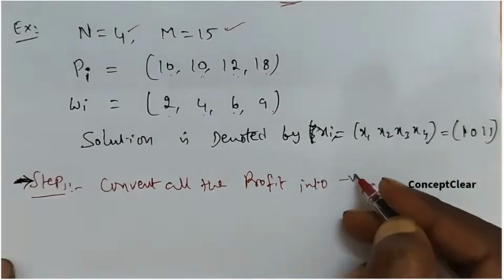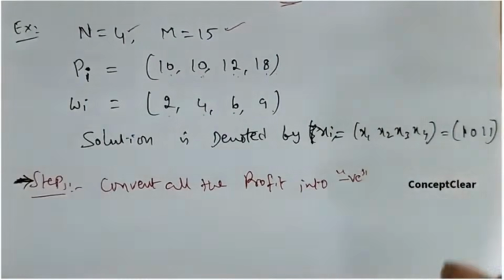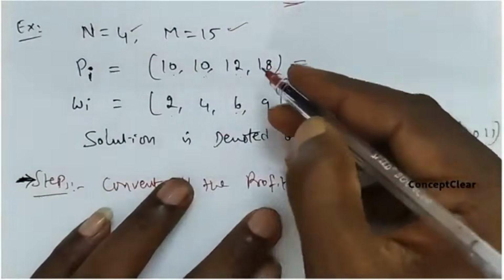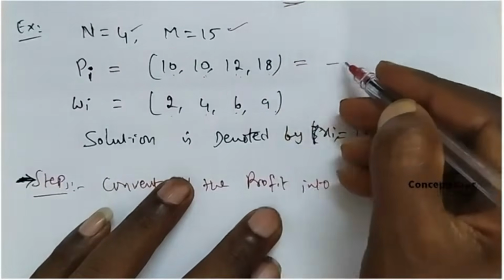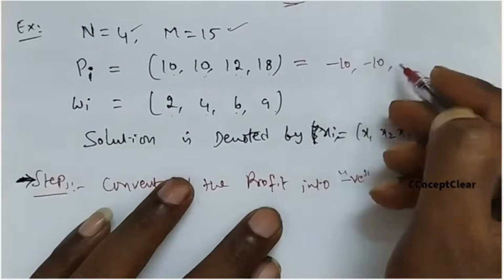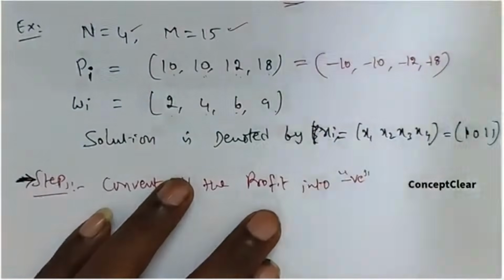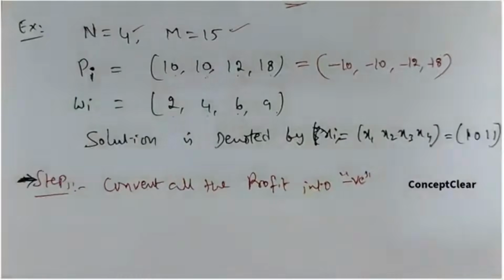The profits are 10, 10, 12, 18, which become minus 10, minus 10, minus 12, minus 18. Next, what is the next step?